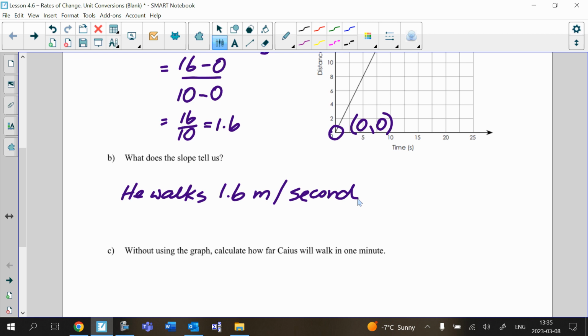Now, what if I wanted to convert that to how fast he walks per minute? Yes, you can multiply by 60 and you get that. I'm going to show you, that's what we'll do.